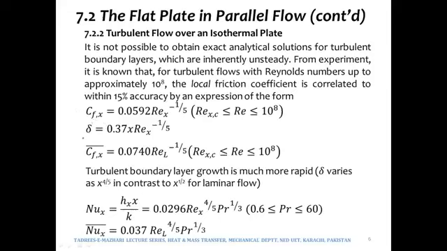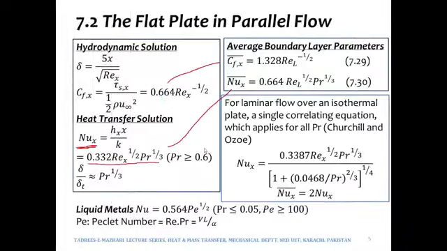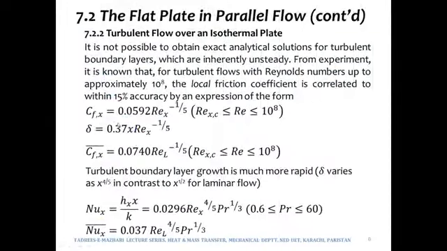First of all, delta is 0.37x over the fifth root of Reynolds number if the flow is entirely turbulent over the isothermal plate. As we had seen on the previous page, this delta, the thickness of the hydrodynamic boundary layer, was 5x over root of Reynolds number. Over here it is 0.37x over the fifth root of Reynolds number.